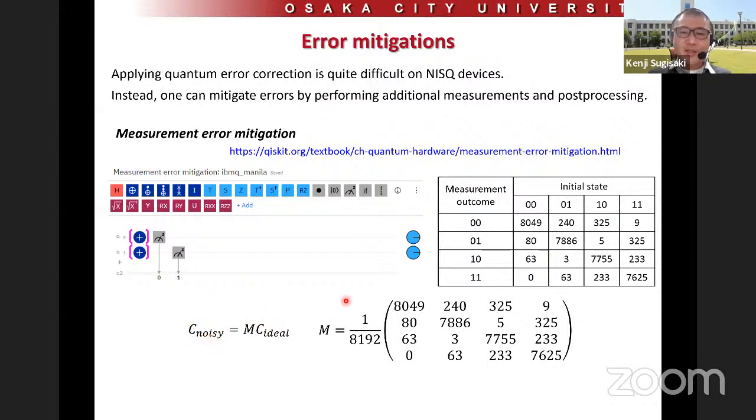So M can be constructed from these measurement outcomes. The idea is to apply M inverse to the noisy measurement outcome, which could recover the ideal one. This is the basic concept of measurement error mitigation.